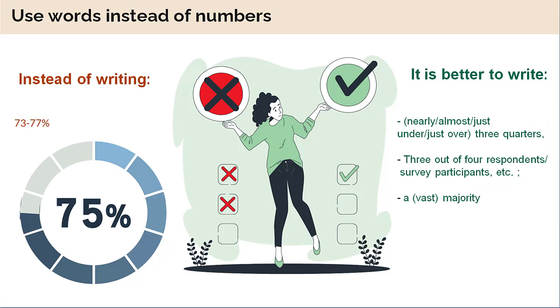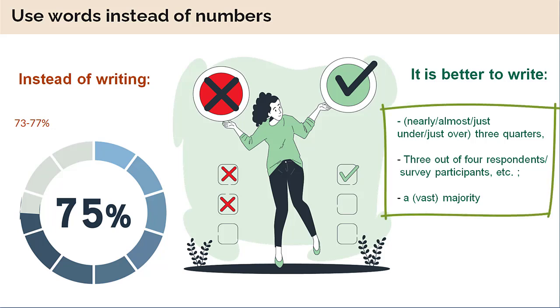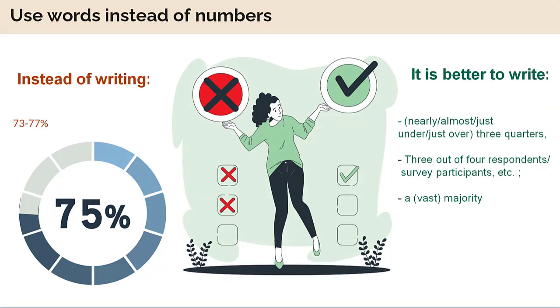For the range 73-77%, you can use again nearly 3/4, almost 3/4, just under 3/4, just over 3/4, or 3 out of 4 respondents, 3 out of 4 survey participants, or even a majority. If it goes over 80% or 90%, you can even use a vast majority.